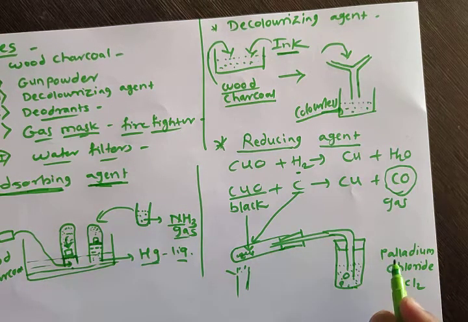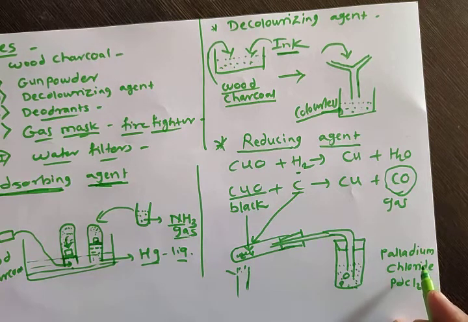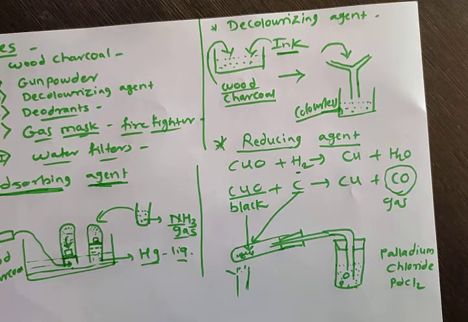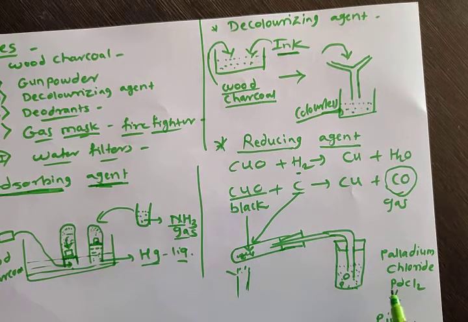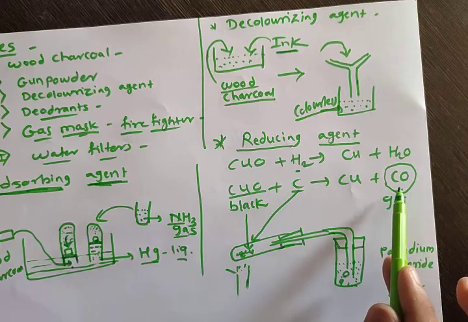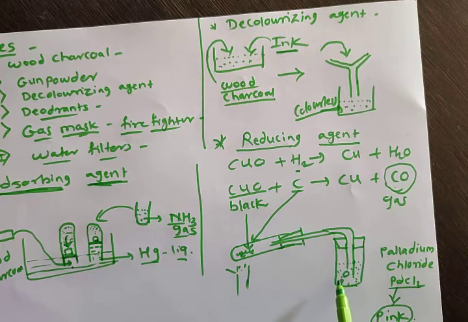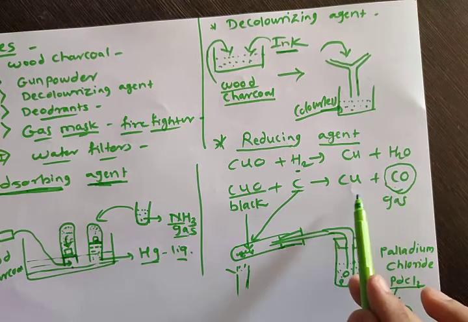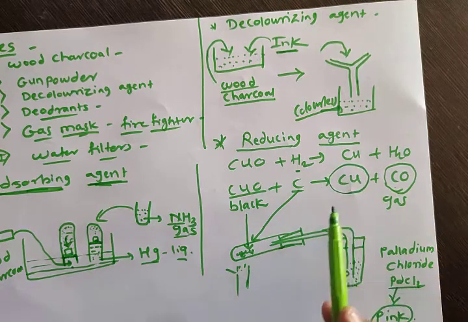And this palladium chloride solution turns pink. Previously it was a colorless solution, but when carbon monoxide gas is absorbed in it, it turns pink. So if it turns pink, we will know that carbon monoxide gas is produced, and as carbon monoxide is produced, there must be formation of copper.